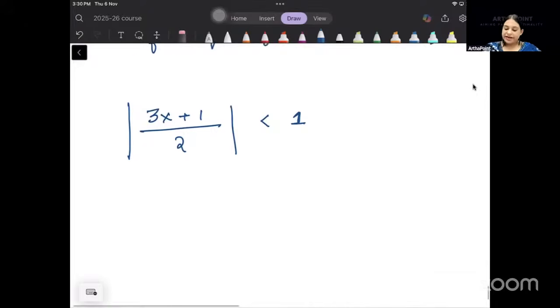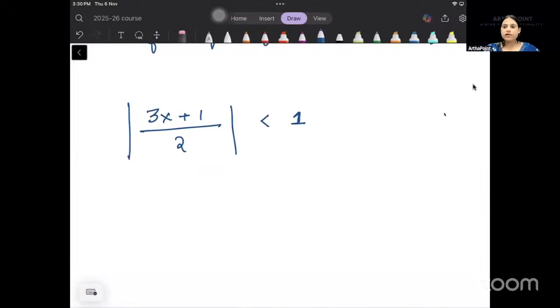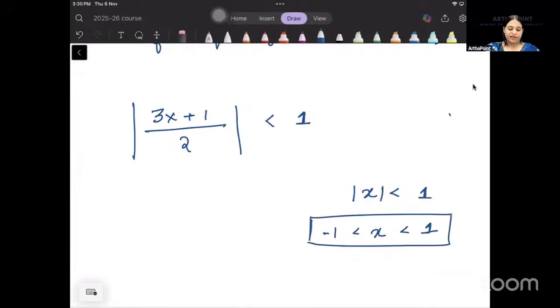I hope all of you know how to solve mod x. If mod x is less than 1, then x is between -1 and 1. Now solve it. Give it a try.